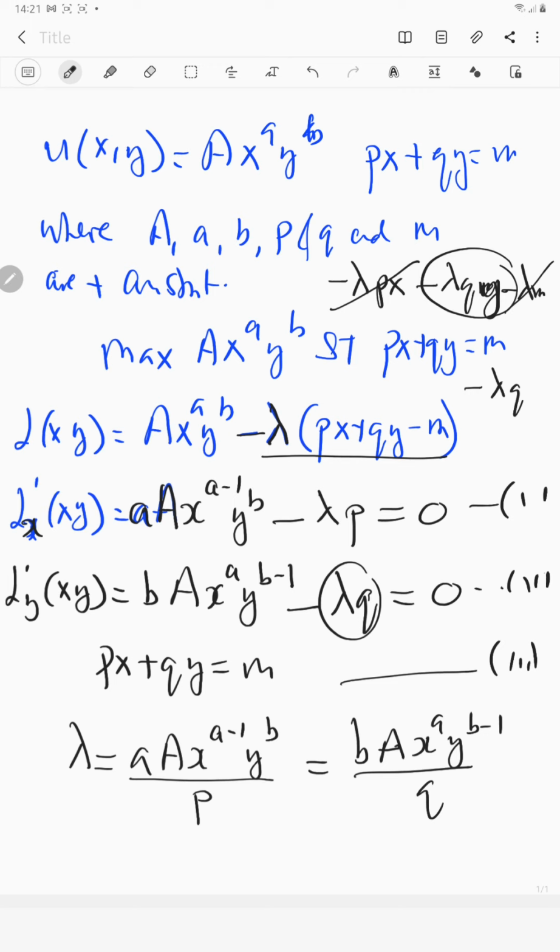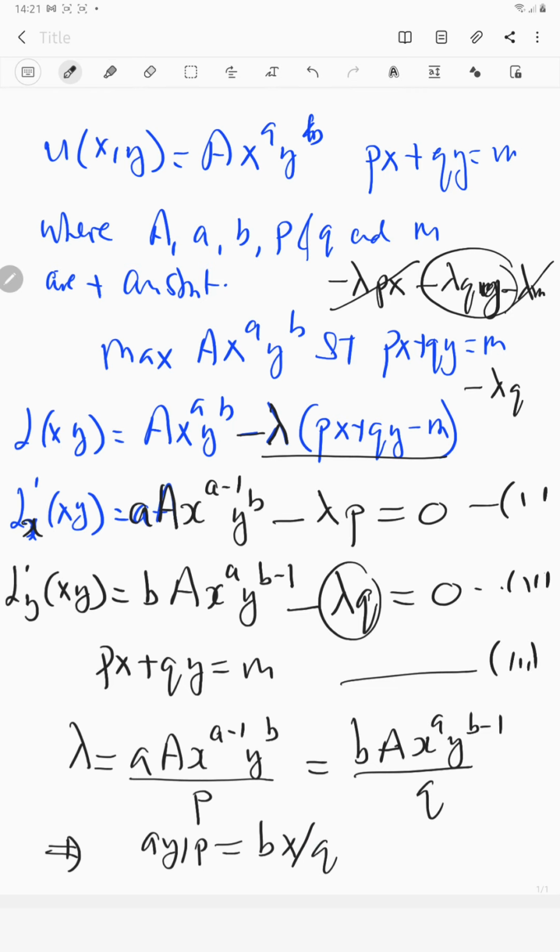That is the value of lambda. When you continue cancelling, you find that a y over p is the same as b x over q.